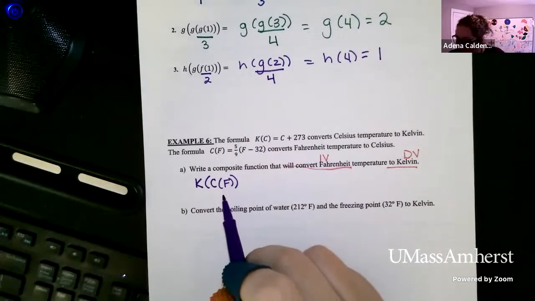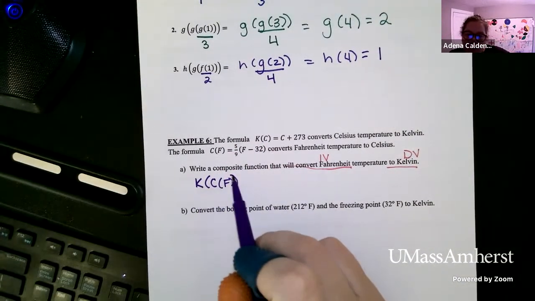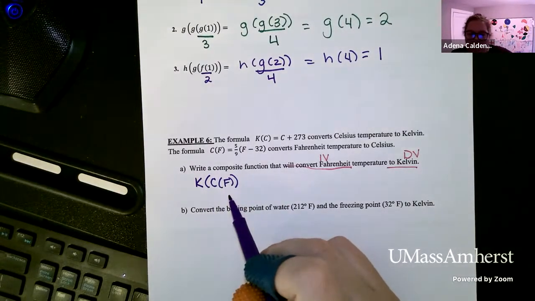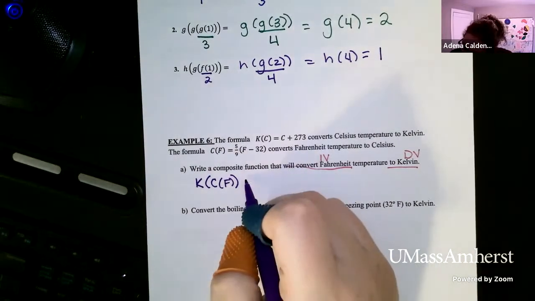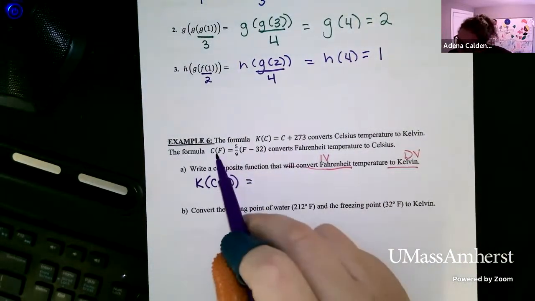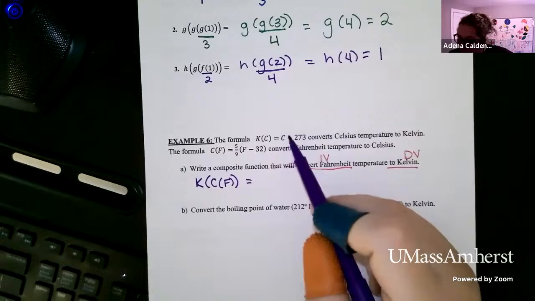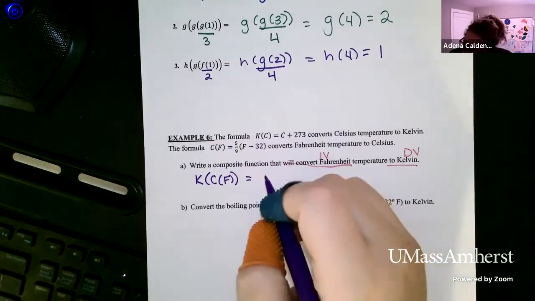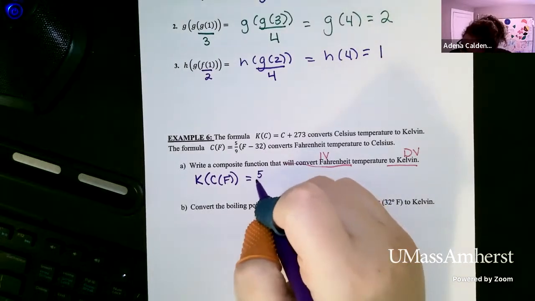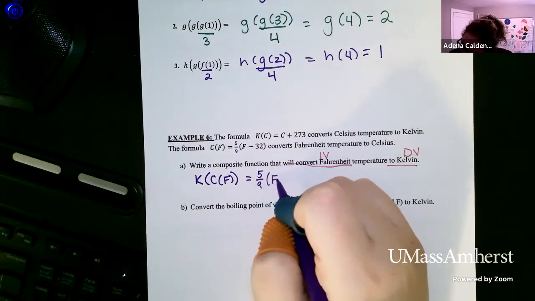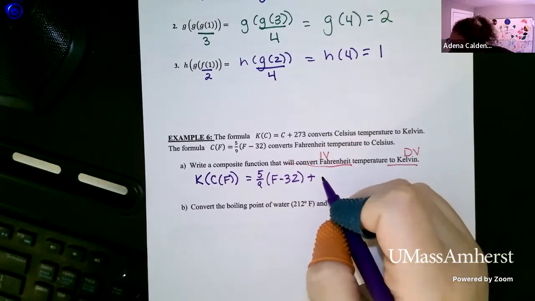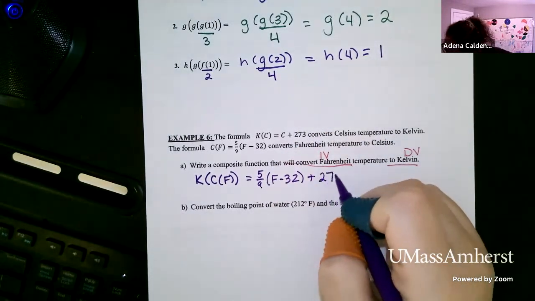So when F is in the middle of your composite function, that means F is going to be your independent variable, which is what we want, okay? When we plug the Celsius function into Kelvin, it's nice because the C is just a C. We're not doing anything to it, so we can just plop the whole function in there. So we have 5/9 times F minus 32 plus 273.